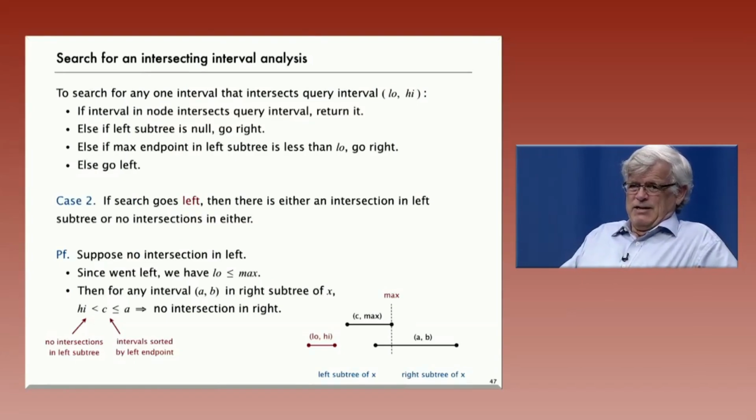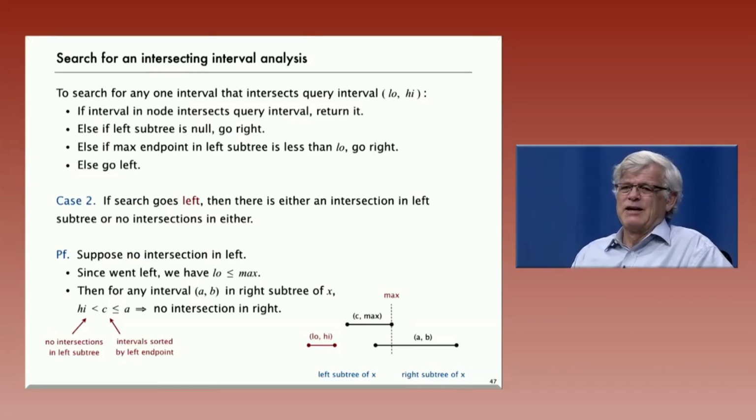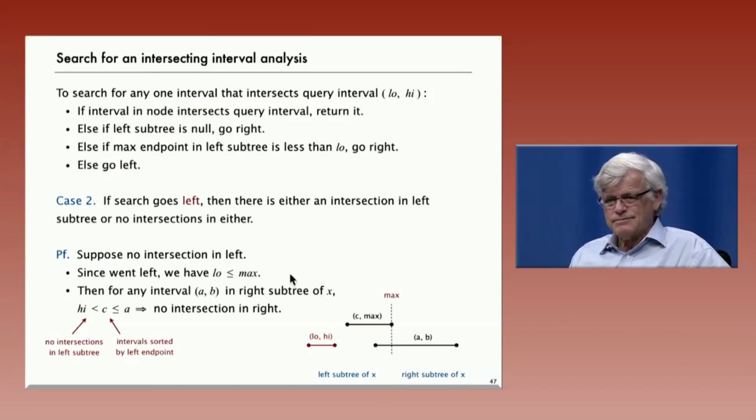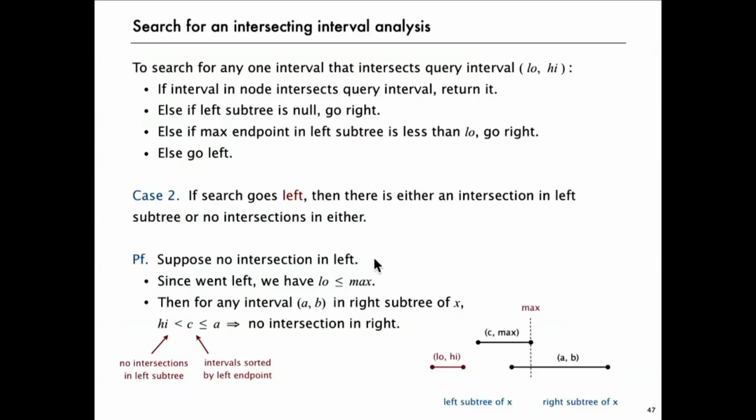And then the other point is that if you go left, then either there's an intersection there or there are no intersections at all. Let's suppose that there's no intersection in the left, and that's equivalent to saying there's no intersection in the right. Since we went to the left, we've got low less than max.